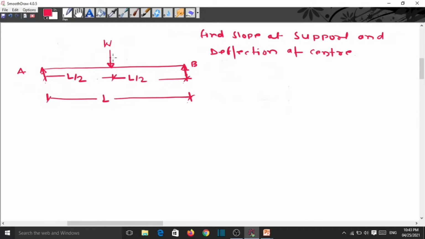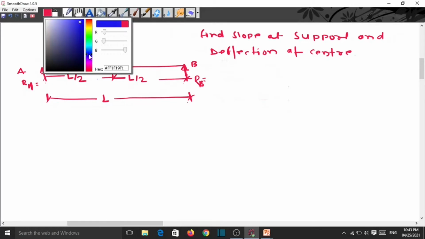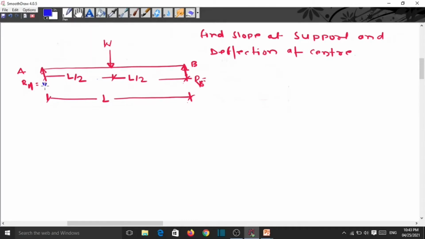Now we know by the symmetry of the diagram, RA is equal to W by 2 and RB is equal to W by 2.